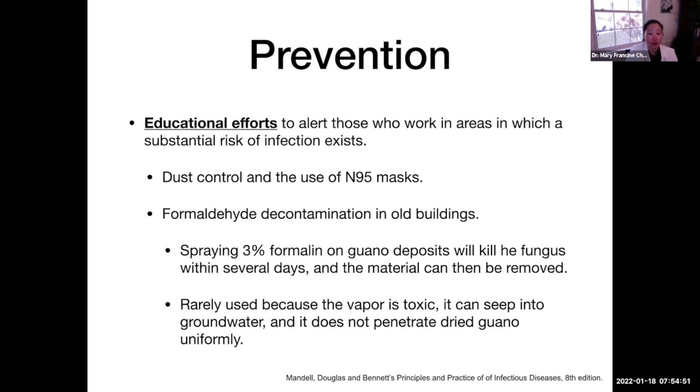Back in the day, they used to do formaldehyde decontamination in old buildings, but that fell out of favor because the vapor is toxic, it can seep into groundwater, and it does not penetrate dried guano uniformly.